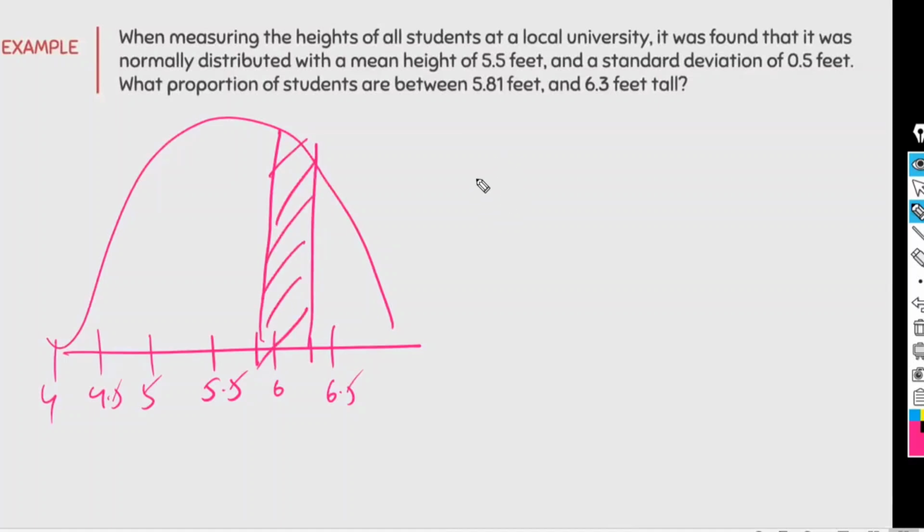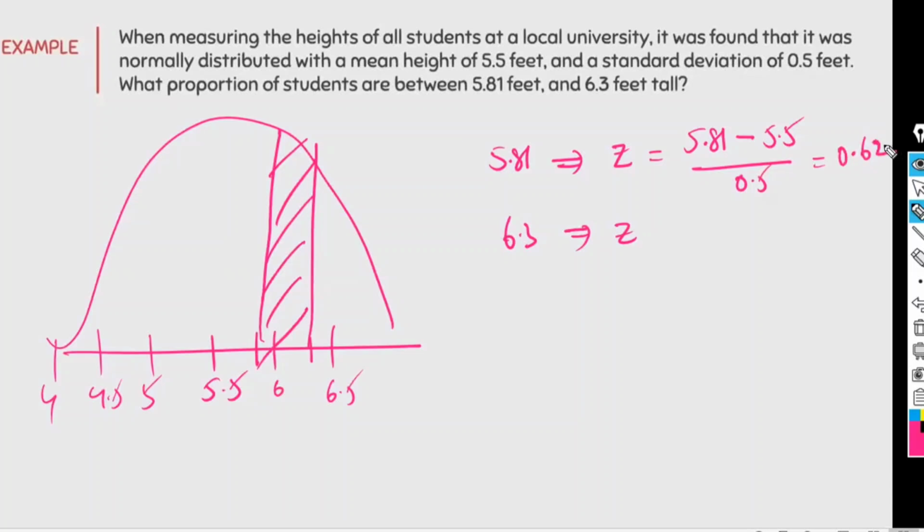Now what I'm going to do is, for 5.81, calculate the corresponding z-score, and for 6.3, calculate the corresponding z-score. For 5.81, the z-score is 5.81 minus the mean 5.5, divided by the standard deviation 0.5. What is the answer? 0.62.